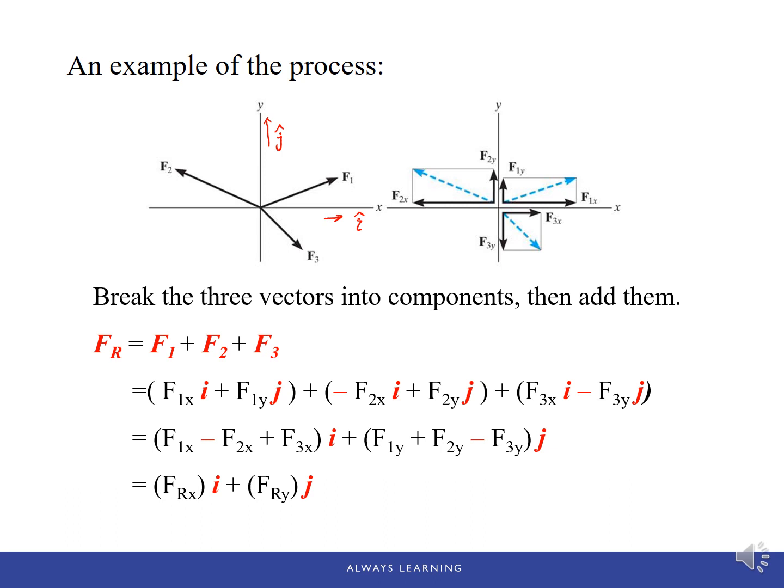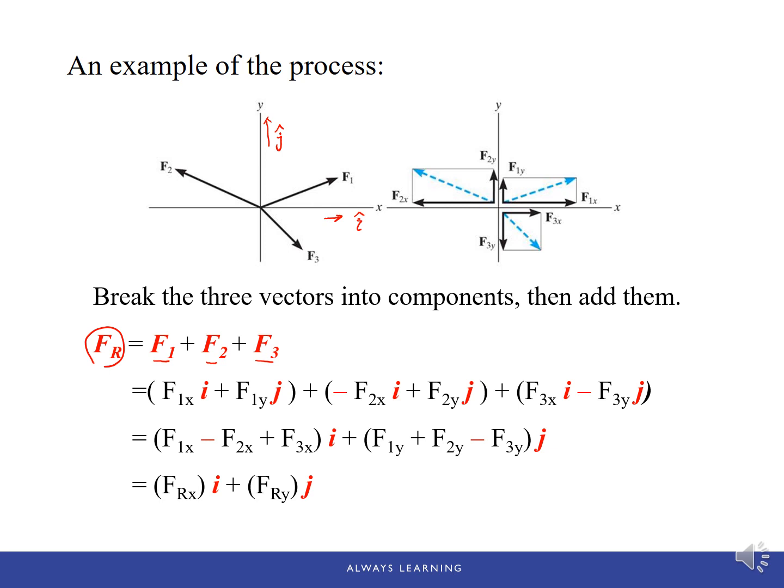Here, the bold red letter means it's a vector. So on this slide of PowerPoint, if you see something written in this way, that means it's a vector notation. So this is resultant vector FR equal to vector F1 plus vector F2 plus vector F3.